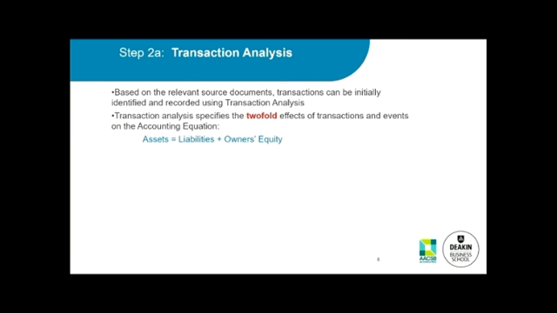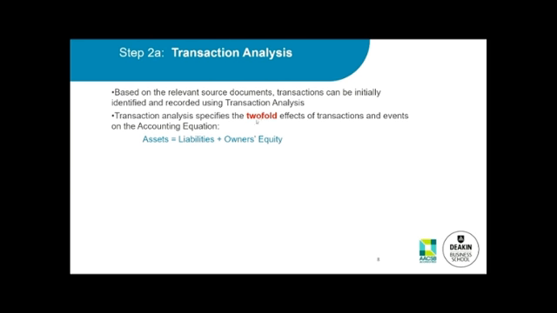So once we've got our source documents, the next thing that we need to do is to record them. And the basis of our recording is following the accounting equation. So if we recollect, our accounting equation is A equals L plus OE.